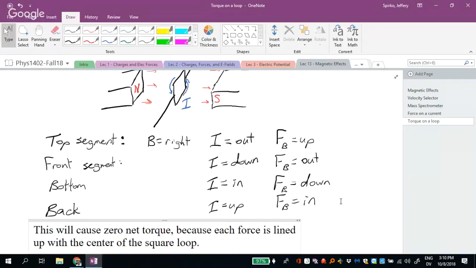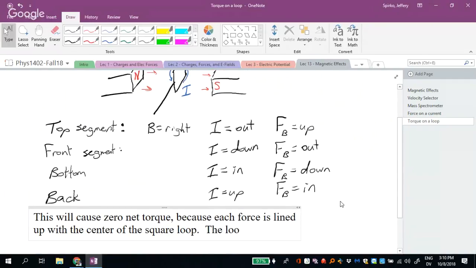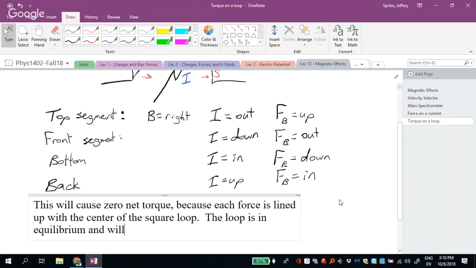This loop is happy to be in this direction. So it will not spin on the axle. So that's the axle, that line that goes in and out of the page.